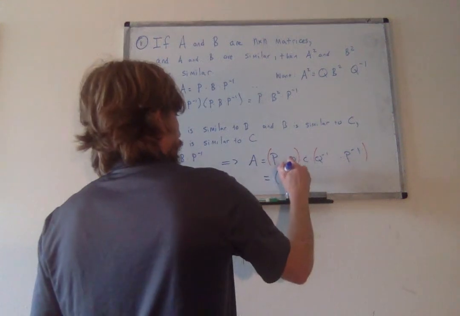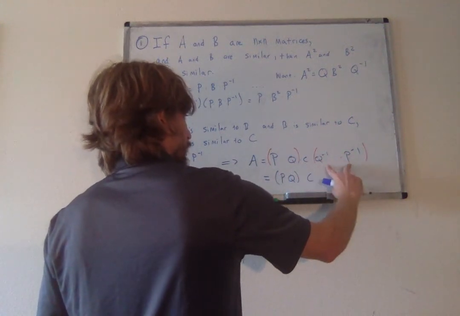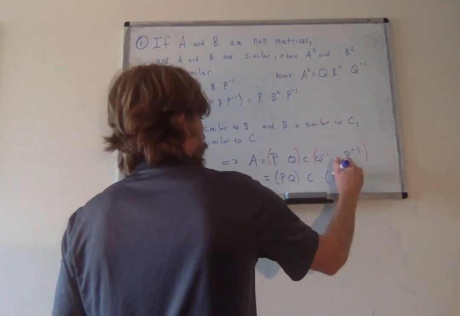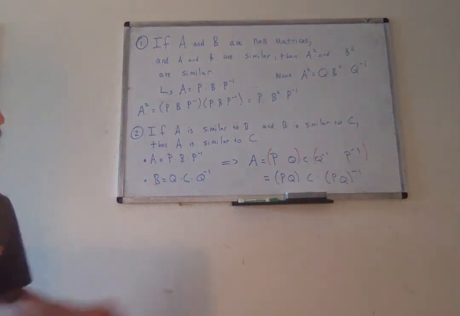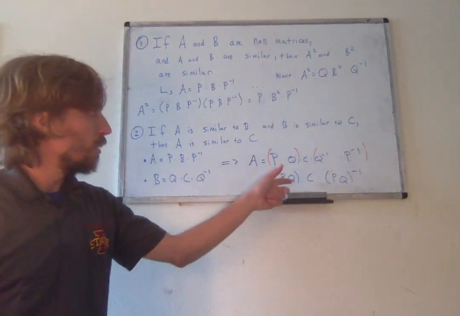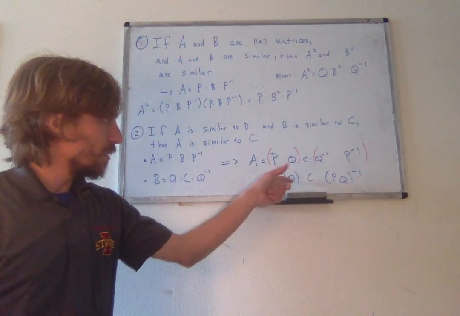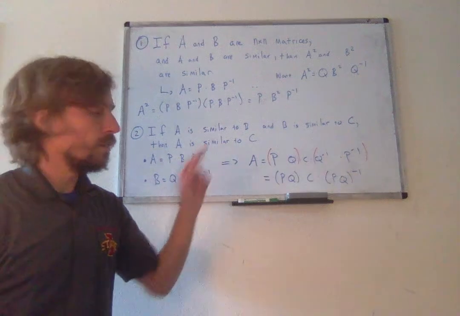And so this is equal to the matrix PQ times C times this matrix here, which is actually equal to (PQ) inverse, right? (PQ) inverse is equal to Q inverse times P inverse. And so this is a matrix times C times its inverse equal to A, meaning that A and C are similar.